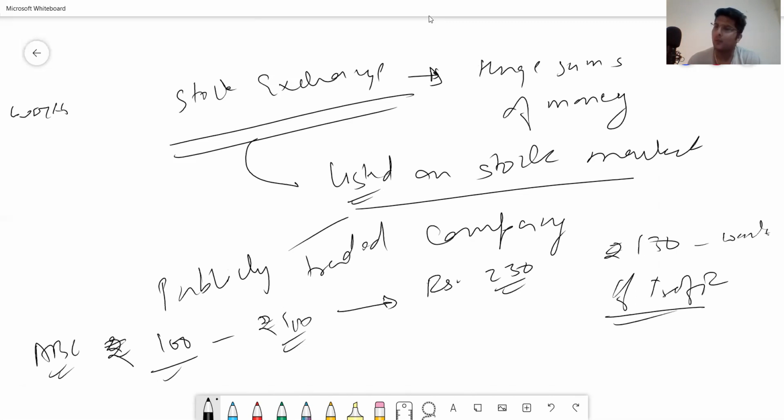And that's why you invest money in a certain company. Now, this was the basic theme of why companies get listed on the stock market. There's only one major reason. They want to get funds. And once they get listed on the stock market, the stocks and shares are just being traded.